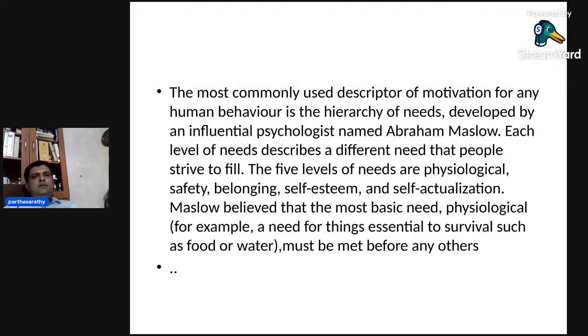The most commonly used descriptor of motivation for any human behavior is the hierarchy of needs. Why do we say it is a hierarchy? Because only after achieving a particular thing do you go to the next step. Once my physiological needs are satisfied, I cannot directly go to the self-actualization needs. Hierarchy means I have to go through the steps.